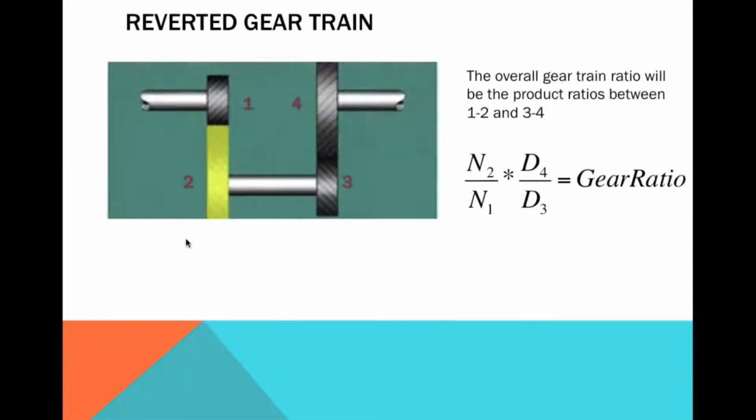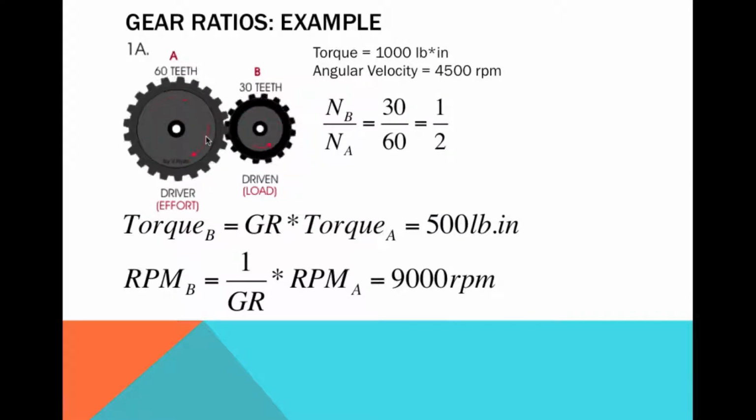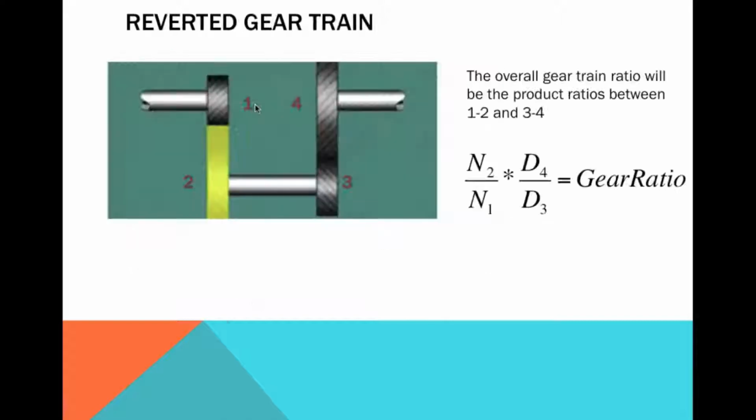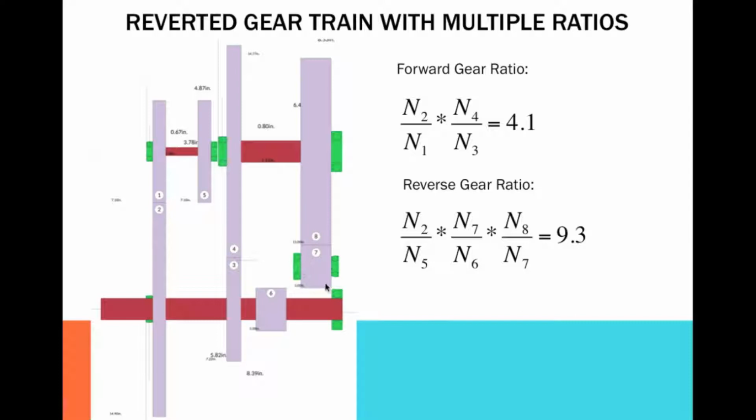With gears, as you can see here, they rotate in opposite directions, so we cannot get forward and reverse using a setup like this. We have to add another gear in between. By doing that, we can get the counter shaft and the output shaft to rotate in the same direction, and that's how we achieve reverse.